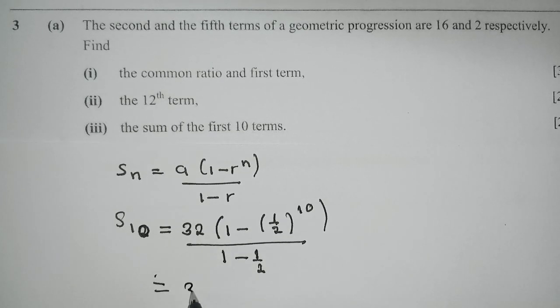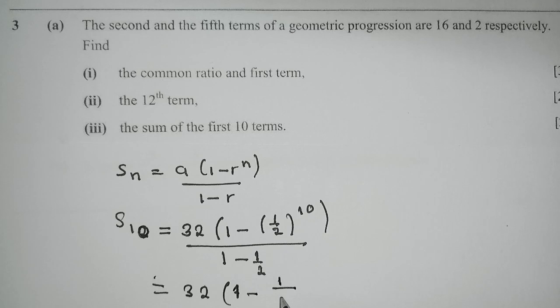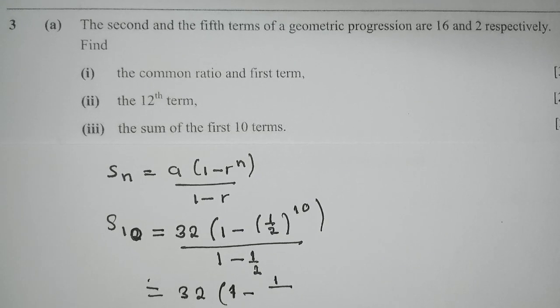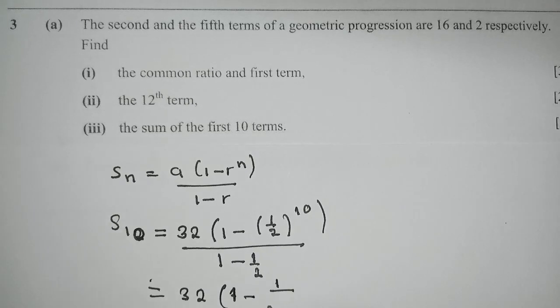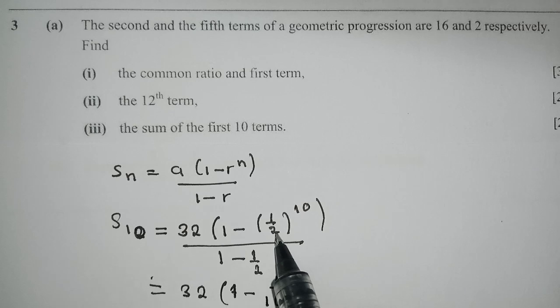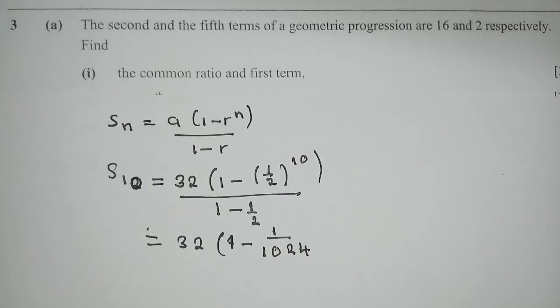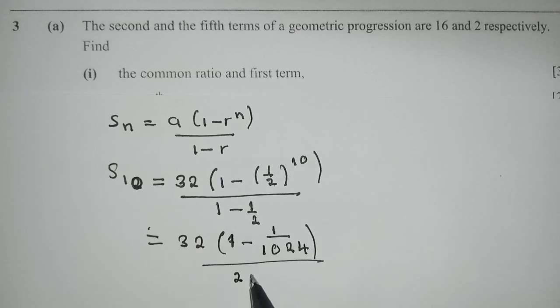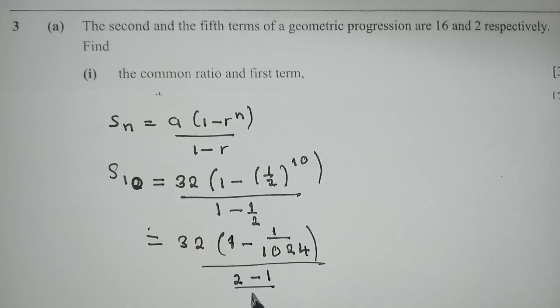So we have 32 here, 1 minus 1 over, let me see what we get. I'm getting 1024 when we say 2 to the power 10. Over here we are getting 2 minus 1 over 2.